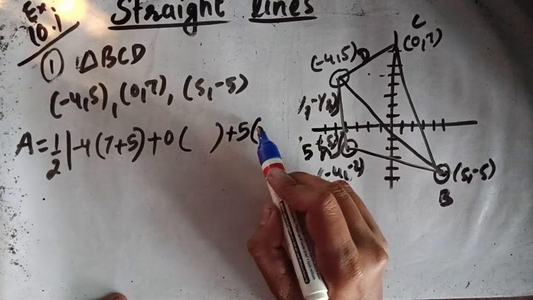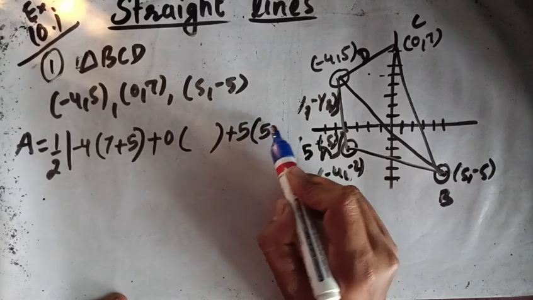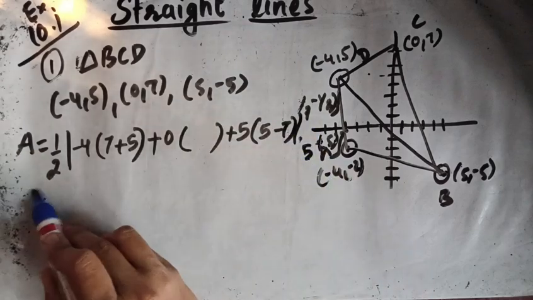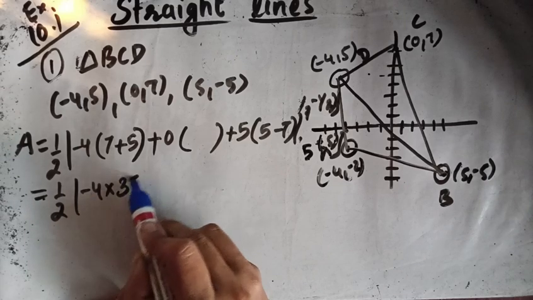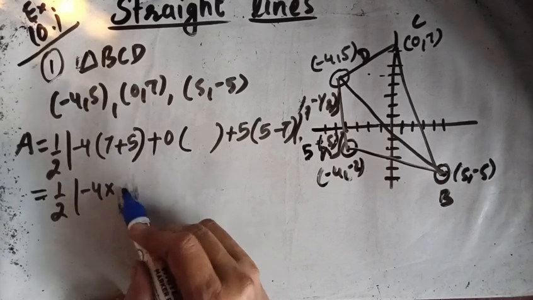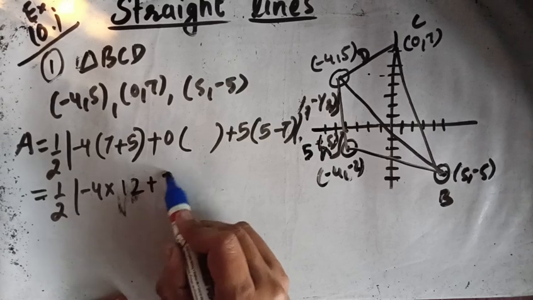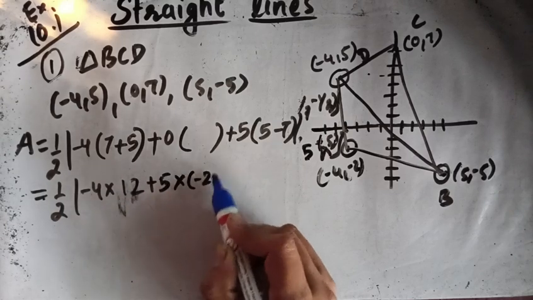Then x3, y1 minus y2. Minus 4 into 35 and 12, and 5 into minus 2.